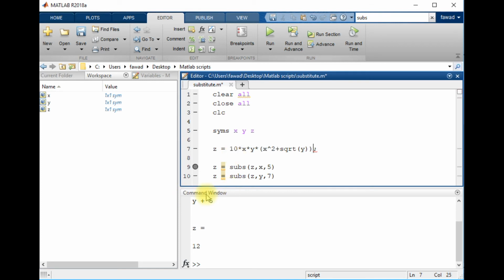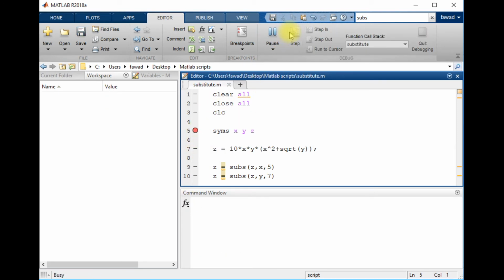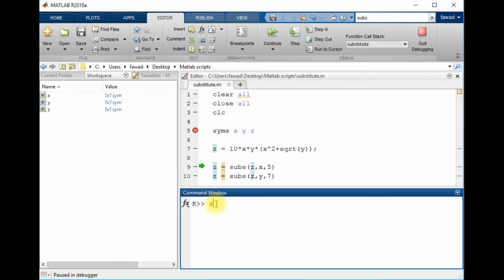So let's see whether I have written the expression in a correct way or not. I will execute this code and see what happens. Now you can see that I have written the expression correctly, shown nicely with pretty z.